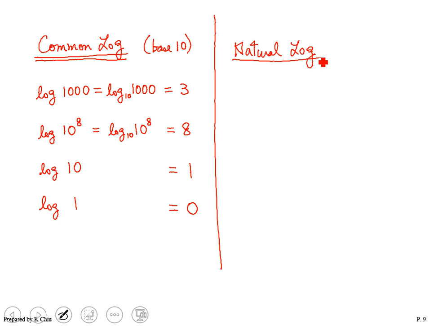Nowadays, everything says natural this, natural that, and it costs more. What is the base? The base will be e. Anybody know what e is? e is a very special constant, just like pi. What is e equal to?